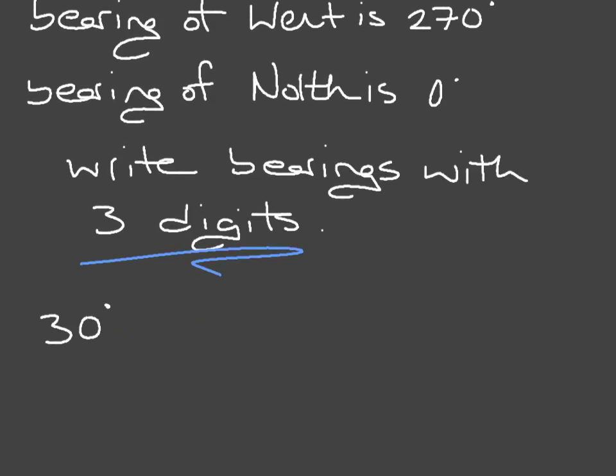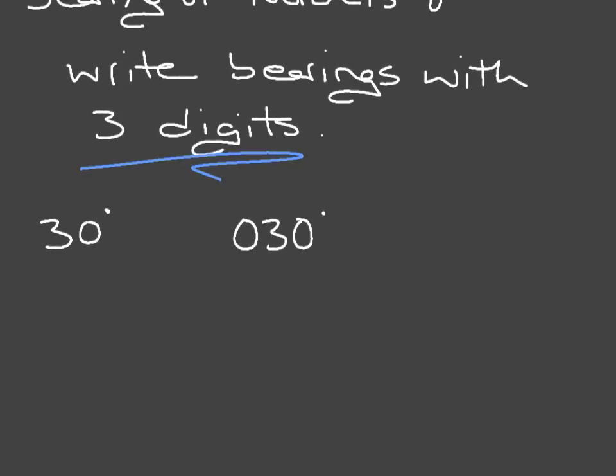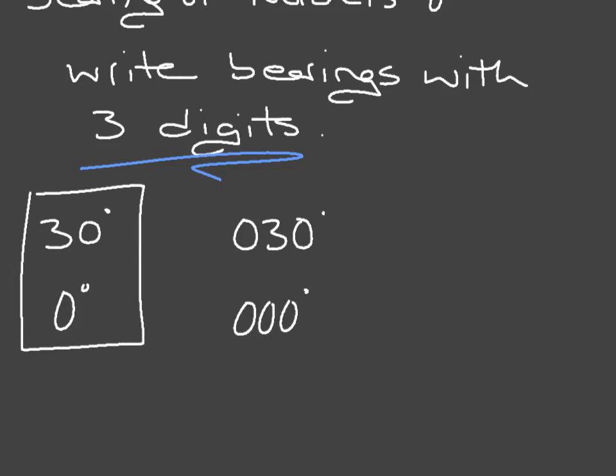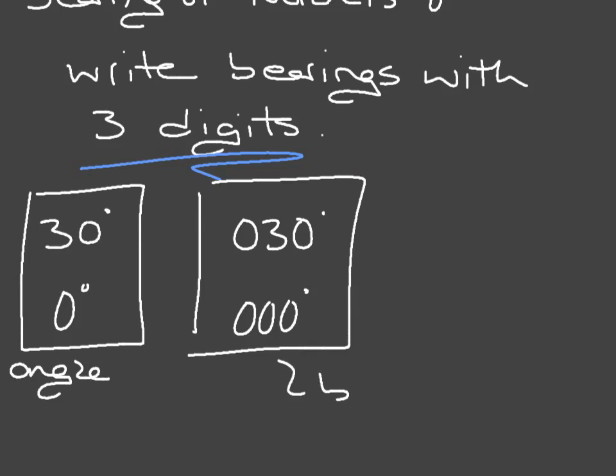We don't write 30 degrees. We write 030 degrees. That's how we write a bearing of 30 degrees. Or for example, if we had a bearing of 0 degrees, we would write 000 degrees. It's important to distinguish those two things. That's the angle as we would write it on our diagram or measure it with the protractor, and these are the corresponding bearings.